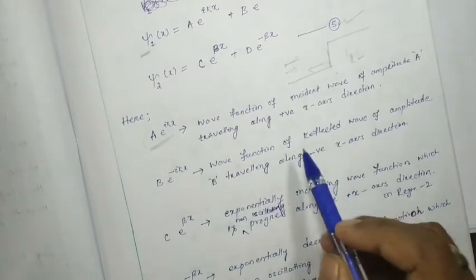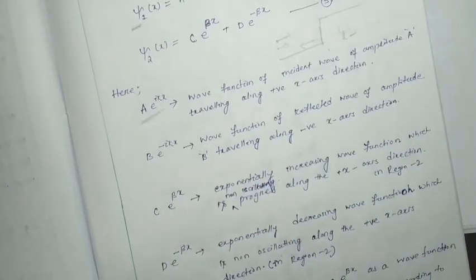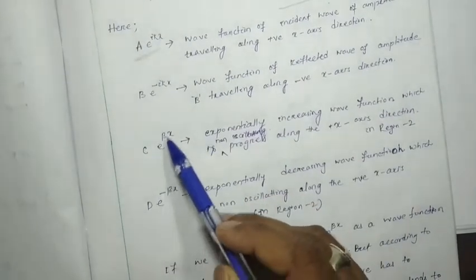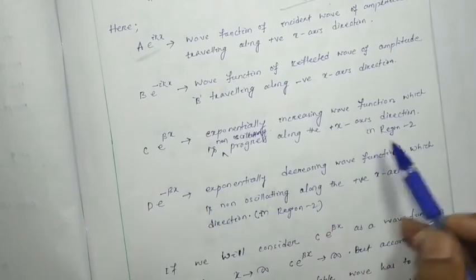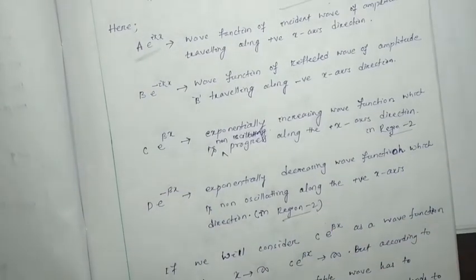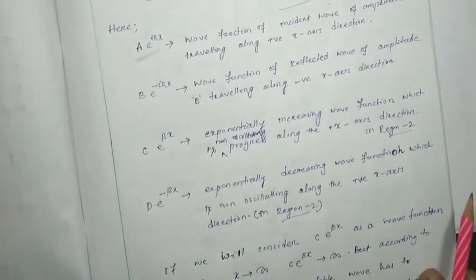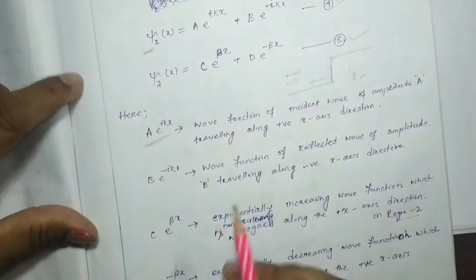So incident and reflection are obviously in region 1, and these two wave functions, c e to the beta x and d e to the minus beta x, are observed in region 2. One exponentially increases, the other exponentially decreases. So as per the boundary condition, we know that if x tends to infinity, the wave function should be 0.